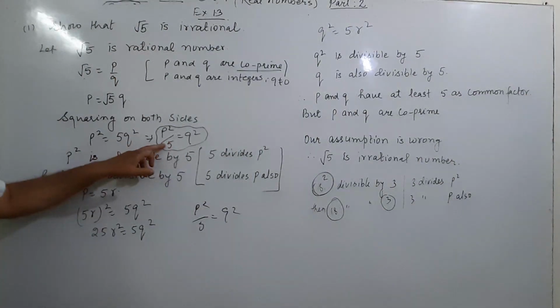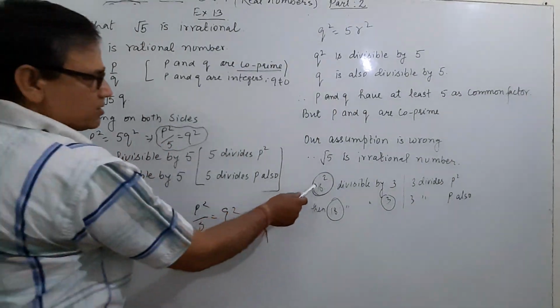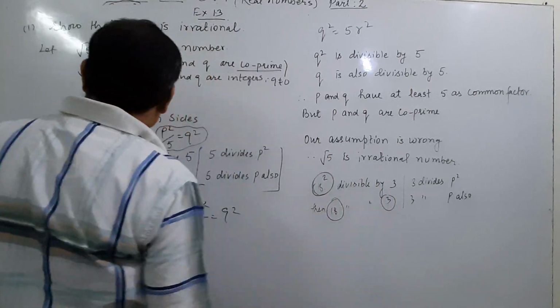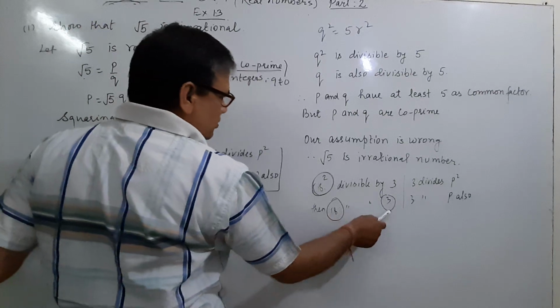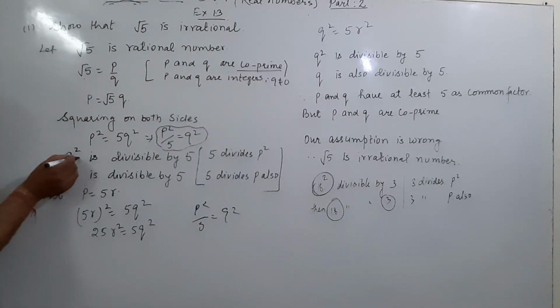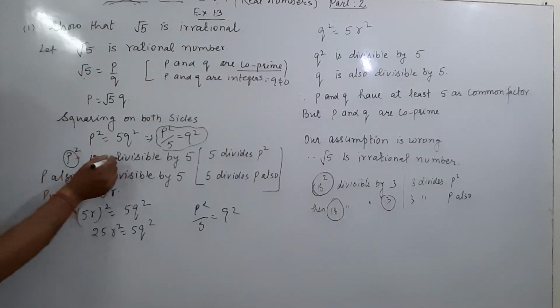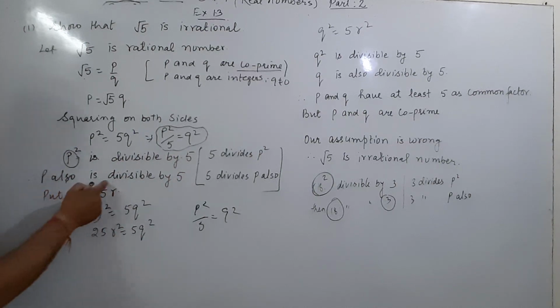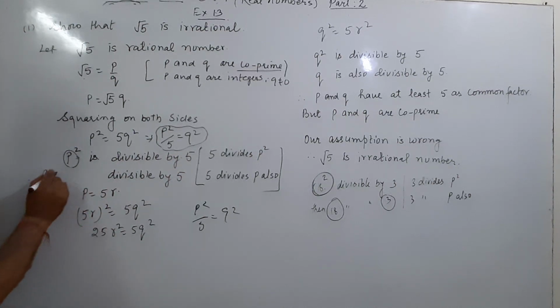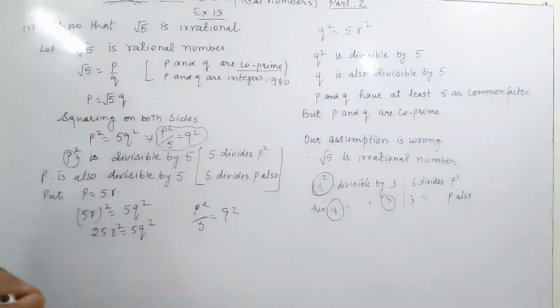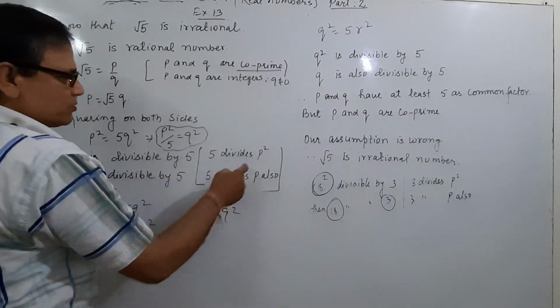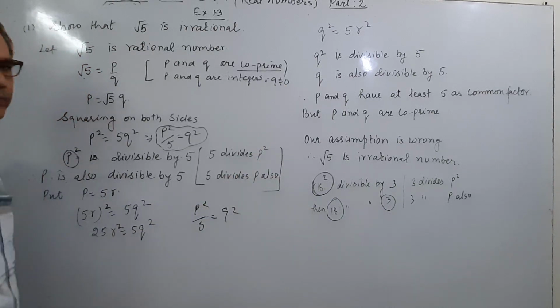If p square is divisible by 5, like 18 square is divisible by 3, then p is also divisible by 5. Or we can say 5 divides p square, 5 divides p also.